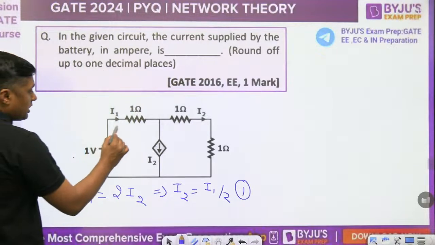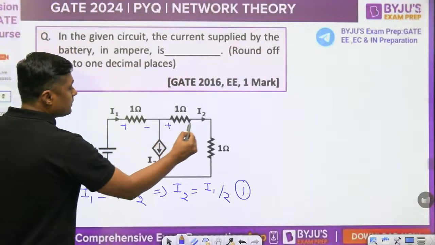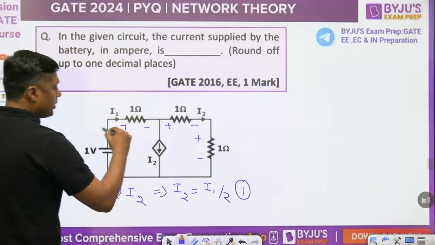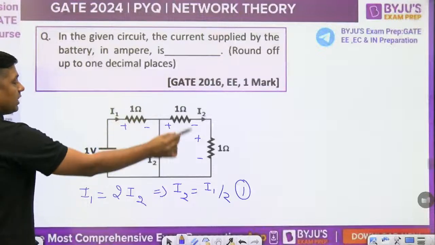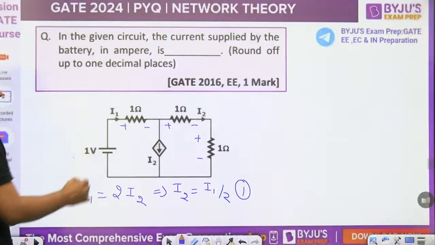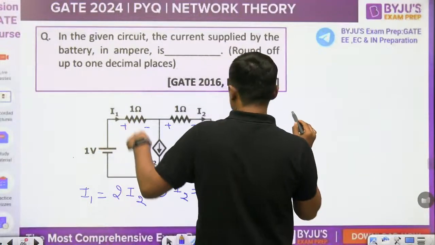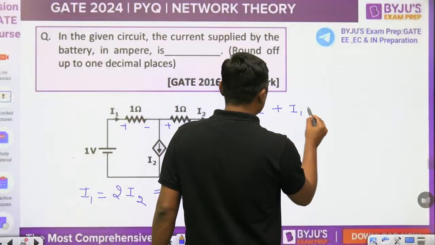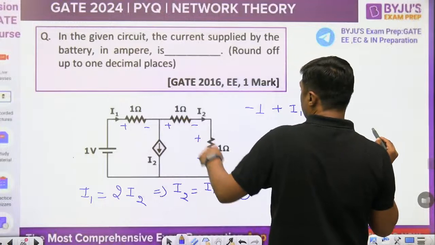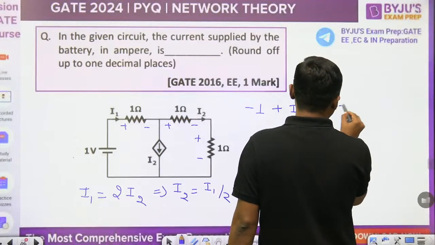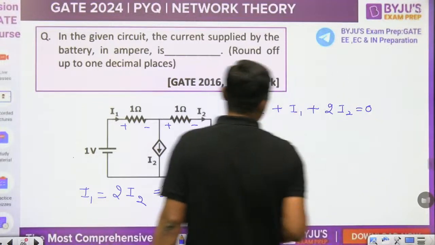Now write down the KVL from this point to this point in this loop, because we can't write the KVL through the current source. So this is -1 plus 1 plus I1 plus 2 times I2 is equal to 0.